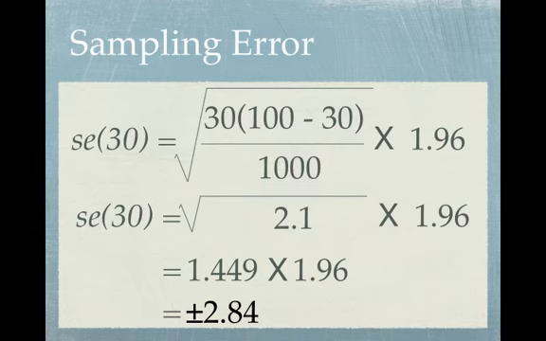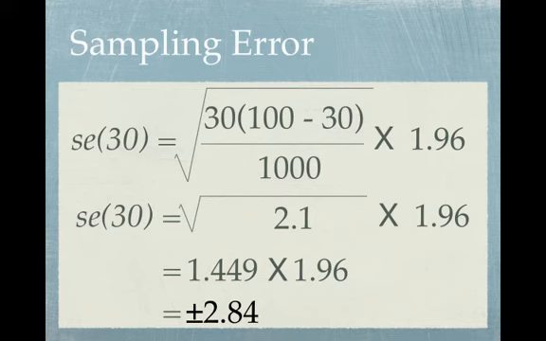So what we do is we multiply 30 by 100 minus 30 and divide it by 1,000, and it's under the square root, and then we multiply it by 1.96, and the answer that we get is positive or negative 2.84. So sampling error is always positive and negative because it can be on both sides of the distribution.